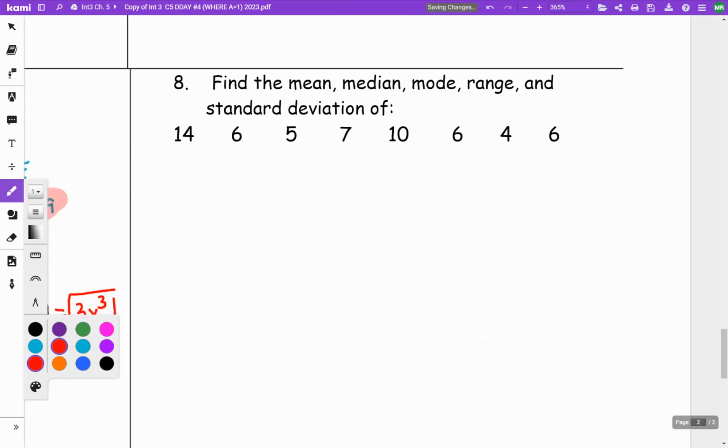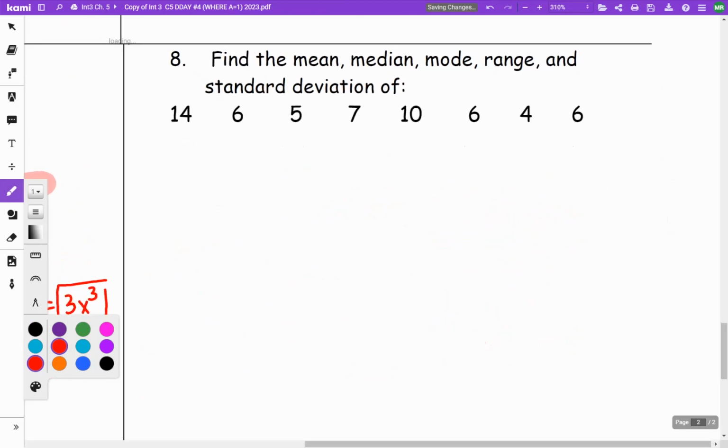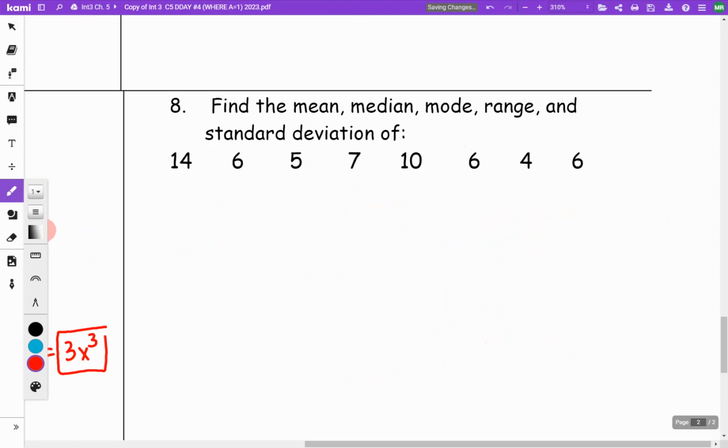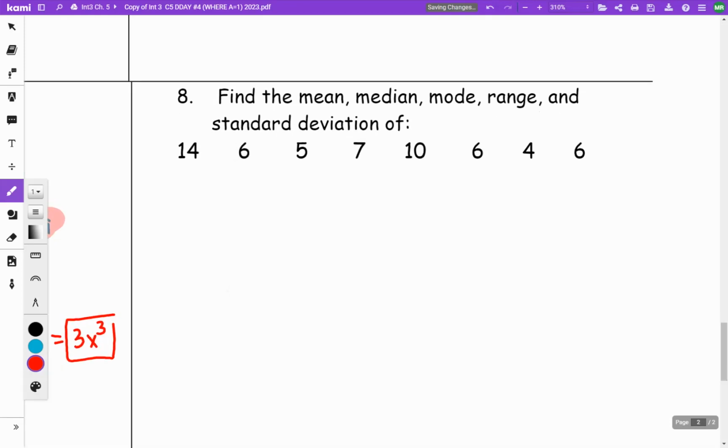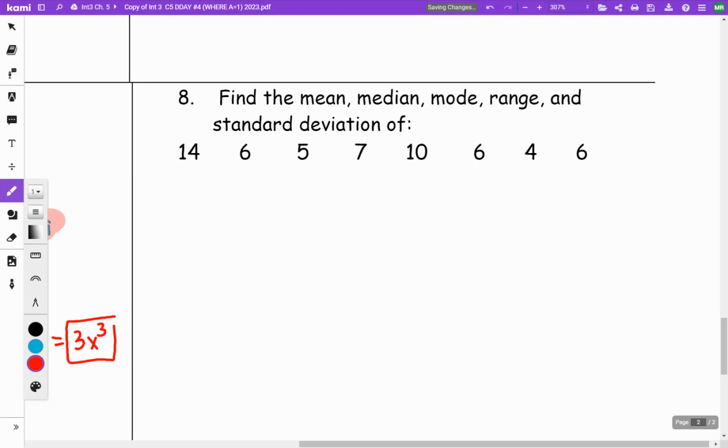On 8. Okay, so for this, we're going to find the mean, median, mode, range, and standard deviation. Now, for this, we can put this into our calculator. And when you put it in your calculator, you would be going under Stat, okay, Edit, and then you would put all of this data into your calculator, okay?